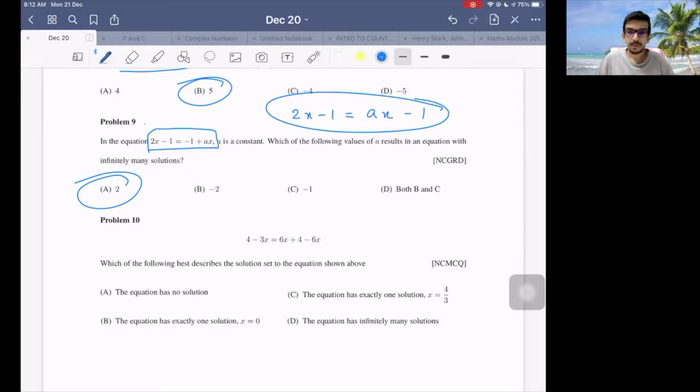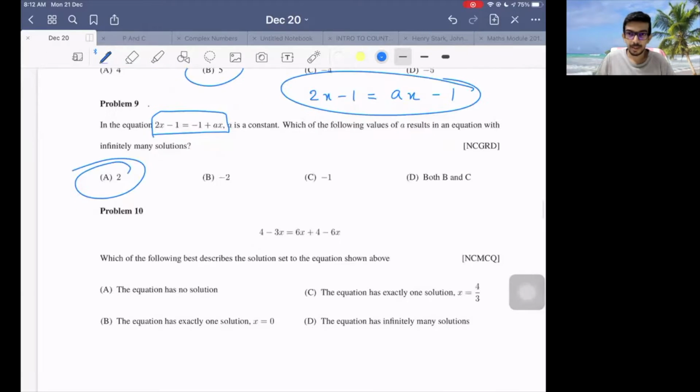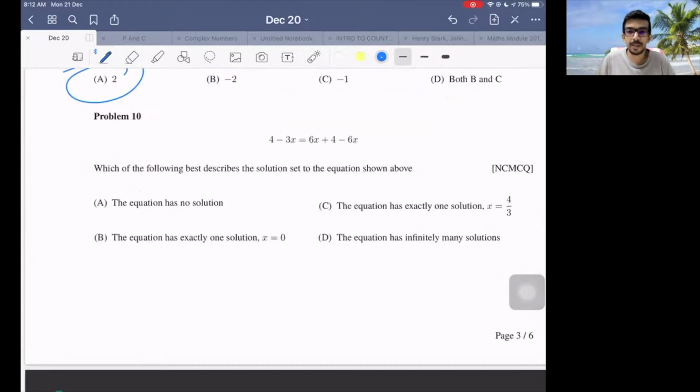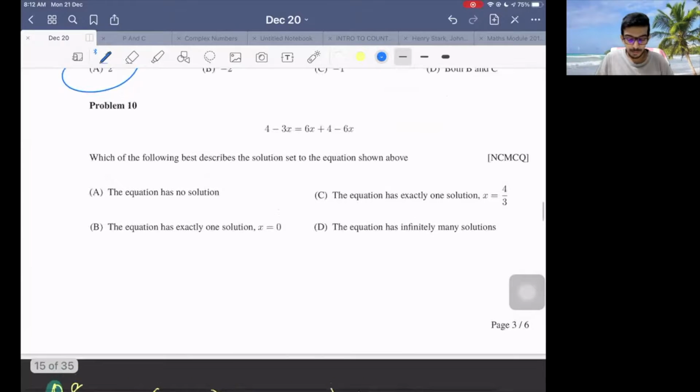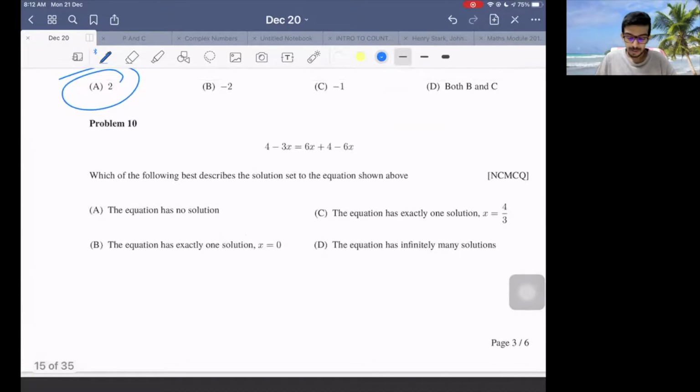Please let me know if it's okay. In question number 10, which of the following best describes the solution set to the equation shown above? So we have an equation.